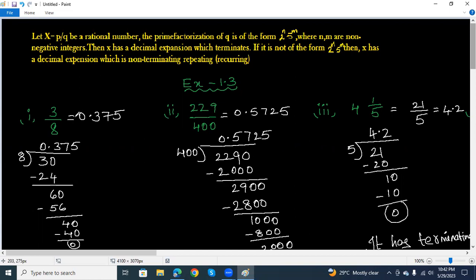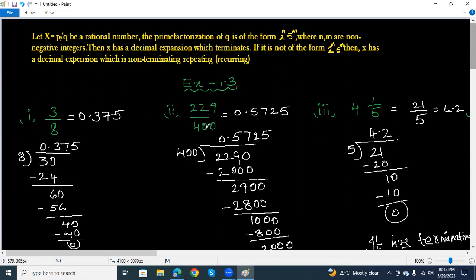In every rational number, the prime factorization of the denominator is in the form of 2 power n, 5 power m, where n, m are non-negative integers. Then x has a decimal expansion which terminates.